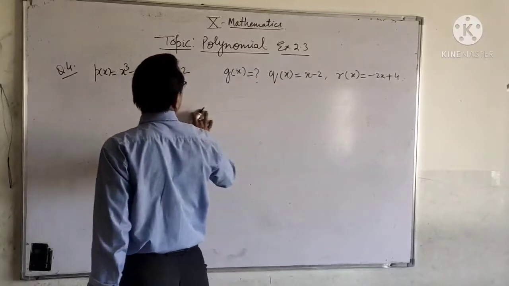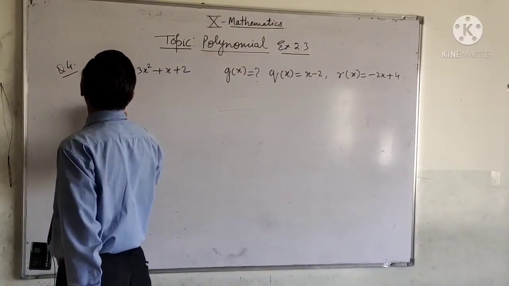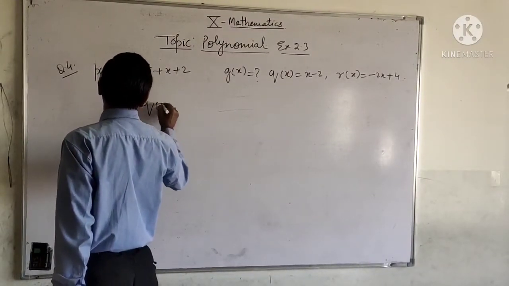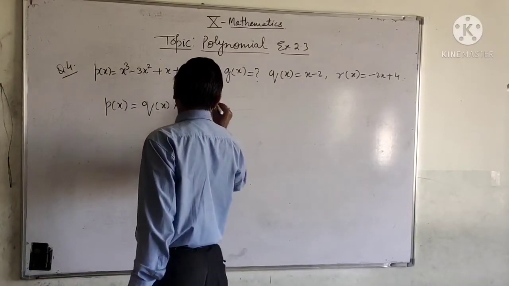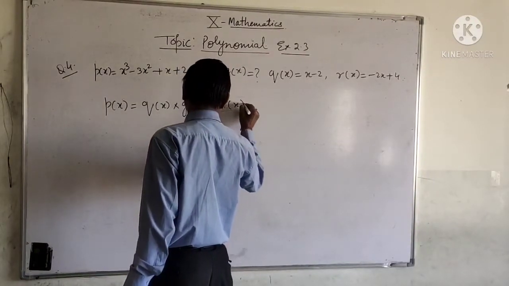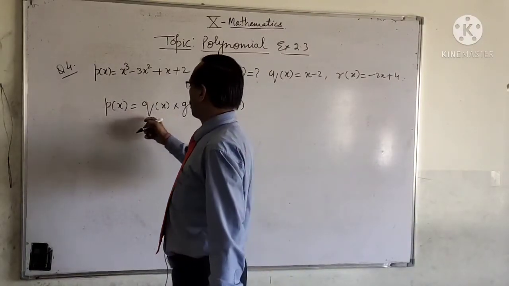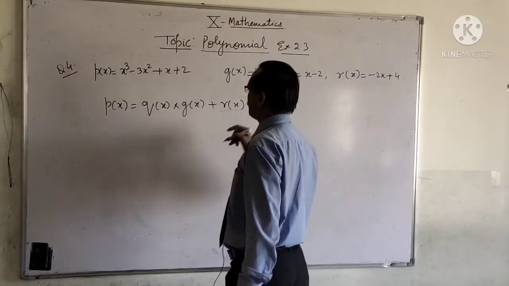Student, see, this is the division algorithm. px = qx into gx plus rx. Dividend equals divisor into quotient plus remainder.